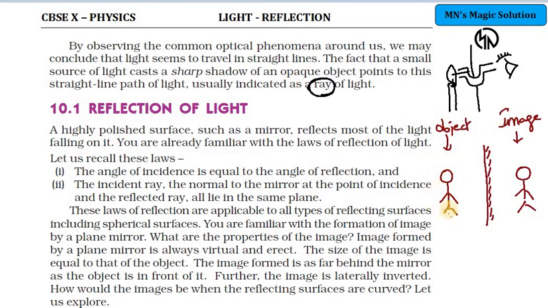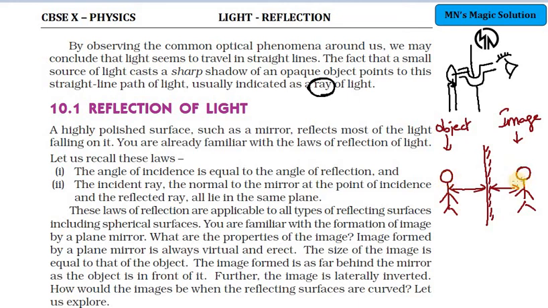So the object, that is I, am standing in front of the mirror. And inside the mirror, I can see myself, and the distance between me and the mirror will be equal to the distance between my image and the mirror. This occurs because of the phenomenon of reflection.